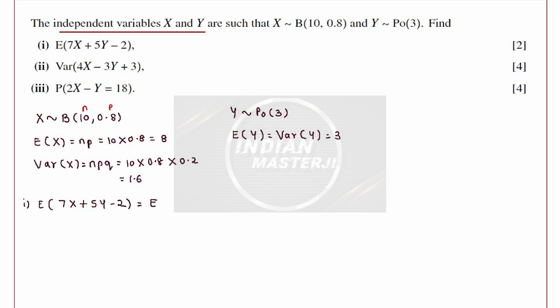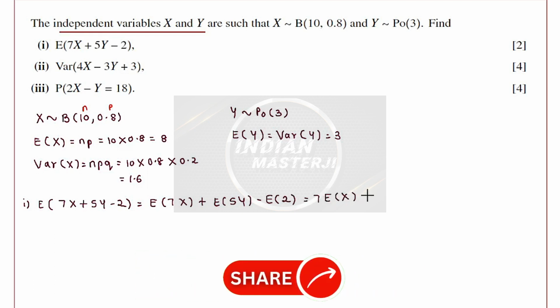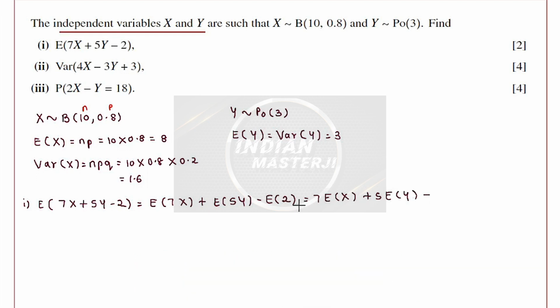This will be equal to the mean of 7X plus the mean of 5Y minus the mean of 2. Correct? This in turn I can write as 7 into the mean of X plus 5 into the mean of Y minus the mean of 2, which will be equal to 2 only.